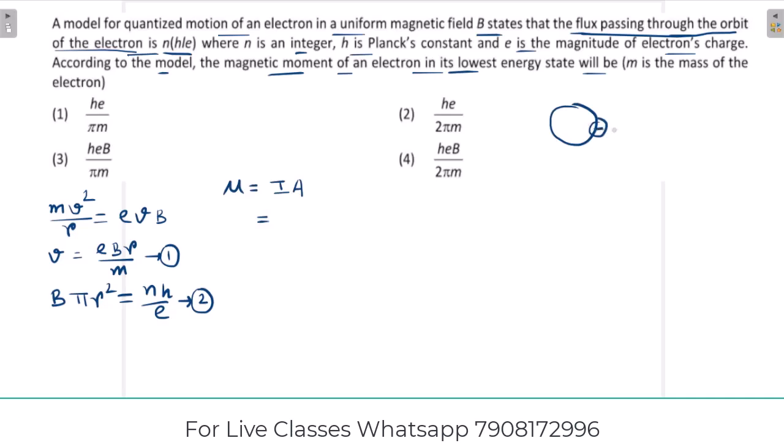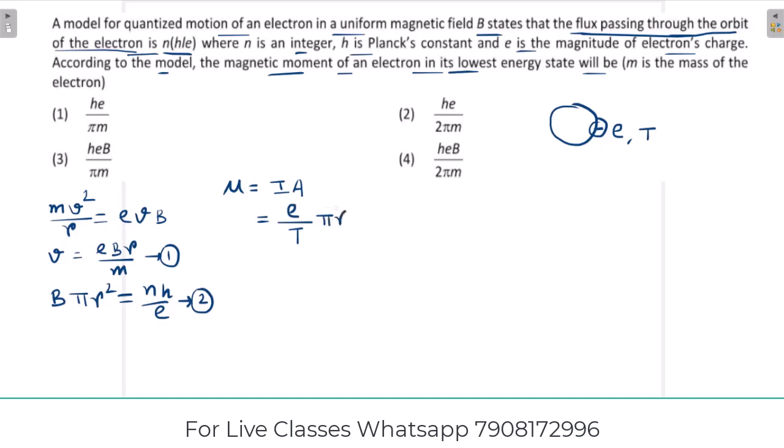So the current is charge divided by time: if e is the charge of the electron and T is the total time to complete one single rotation, then charge divided by time equals current, that is e divided by time period T, and area is pi r square.